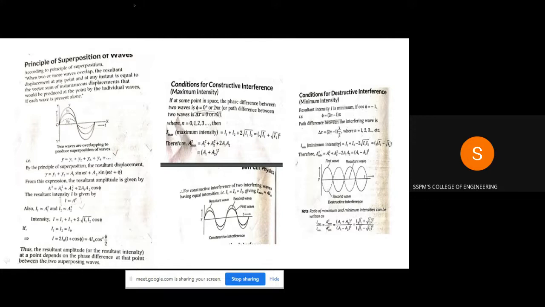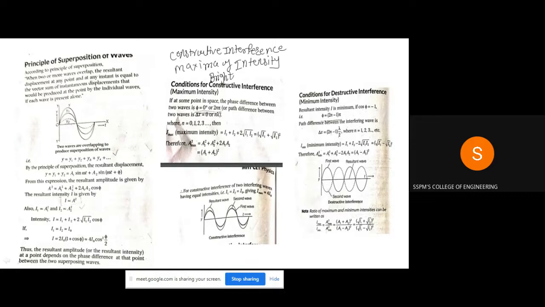So constructive interference, maximum of intensity, and bright band.